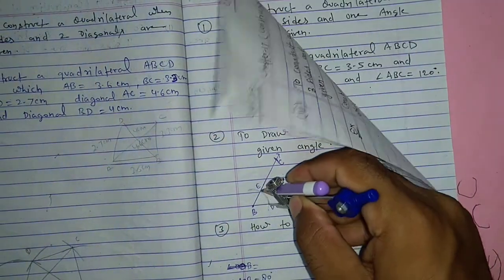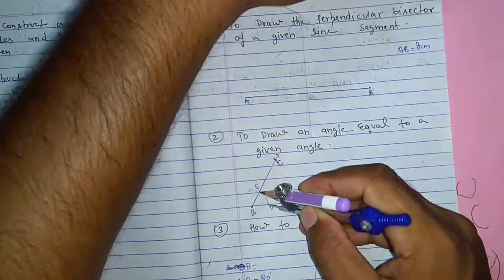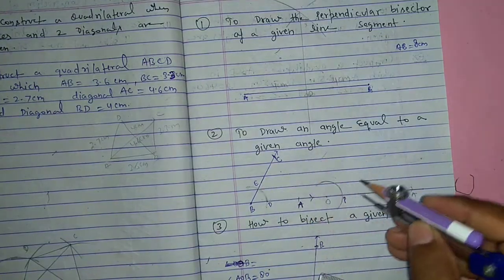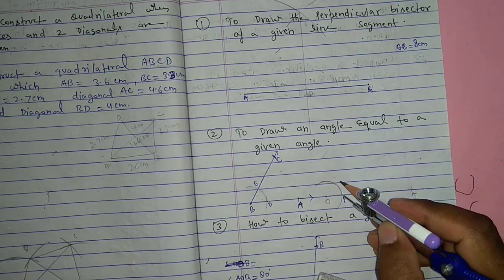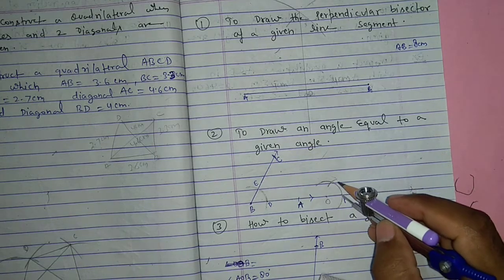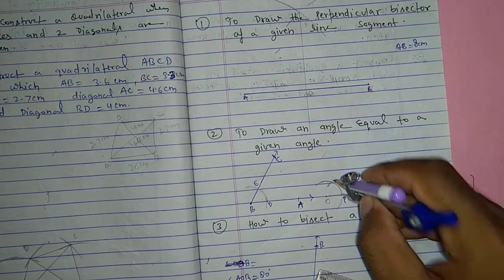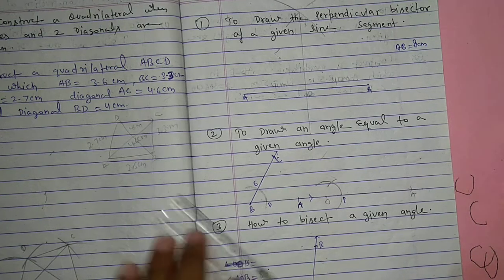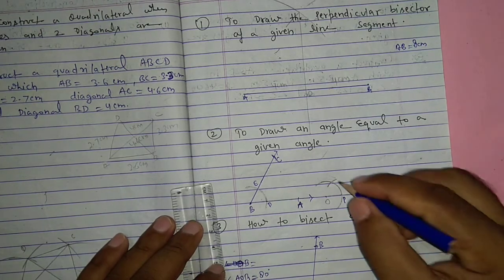This is the measurement of DE. After taking the measurement of DE, we put it at the point E and cut it. We see that it cuts the previous arc at this point. Now we mark it as point Q.